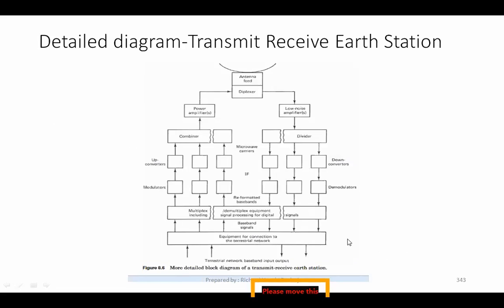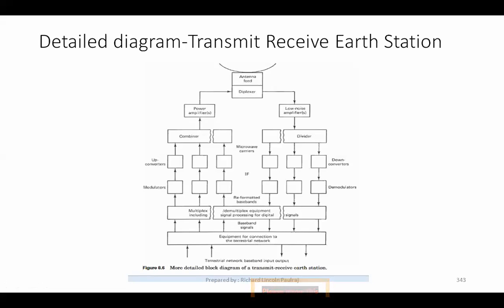connection. And once it gets into that, we will see that it is getting into the multiplexing operation. Once it gets into multiplexing, it will get into modulators, then up converters, then you have a combiner, power amplifiers, and after that you have the diplexer.